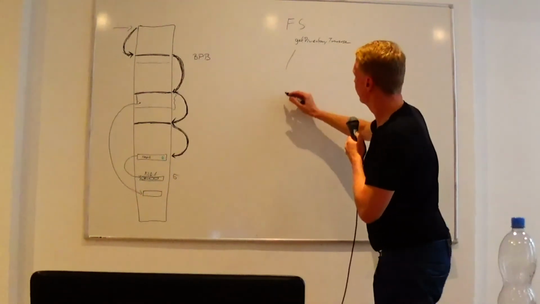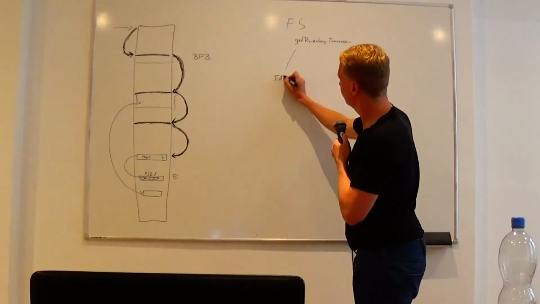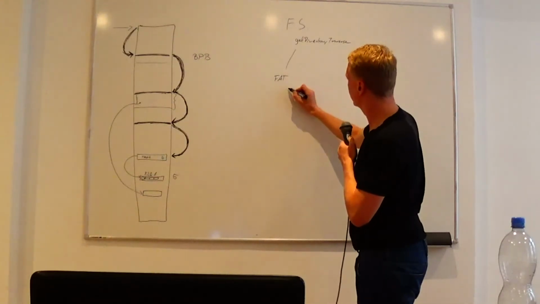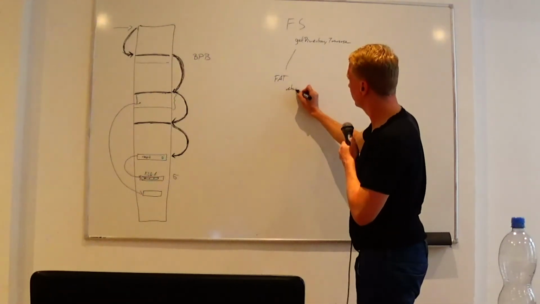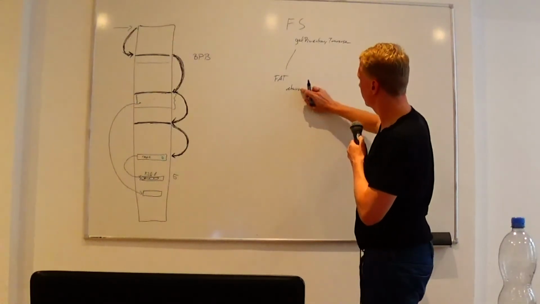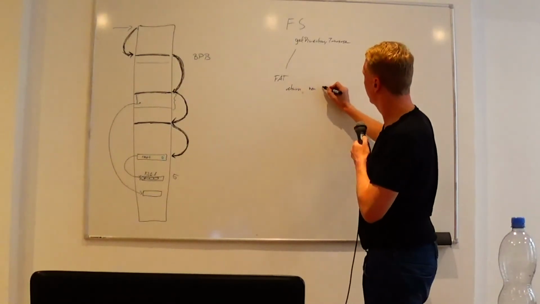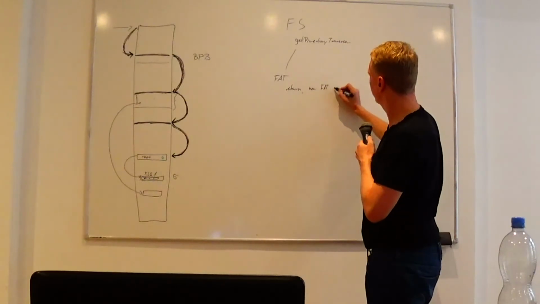And from that you derive something like the FAT file system, which overrides this with something that returns a new FAT directory traverser.